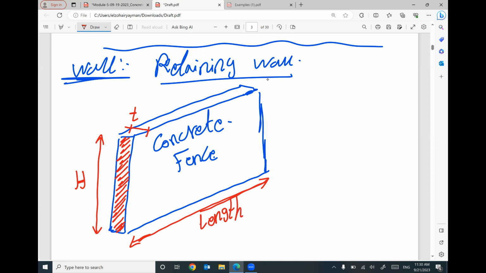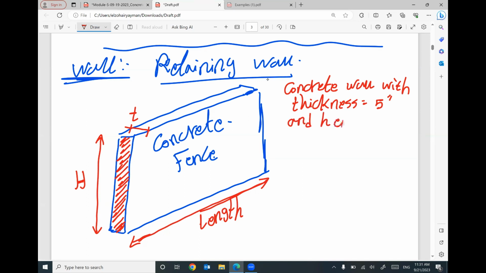So I can tell you, hey, I would like to construct a concrete wall. Just a few sentences. Concrete wall with thickness equal, for example, 5 inch and height equal 6 feet with a total length equal 100 feet.